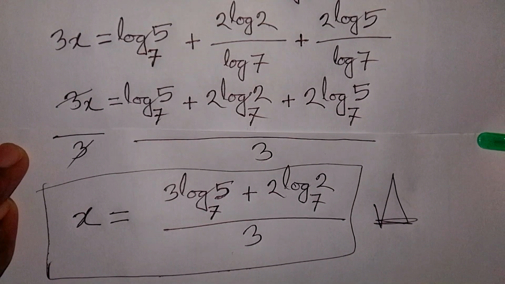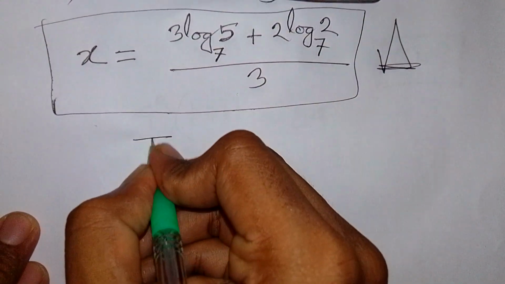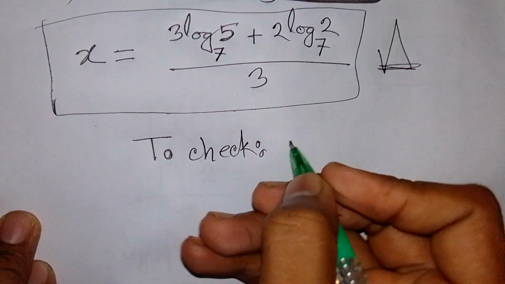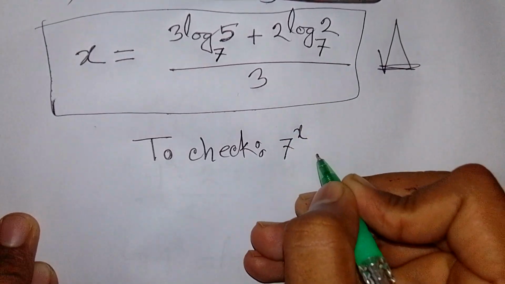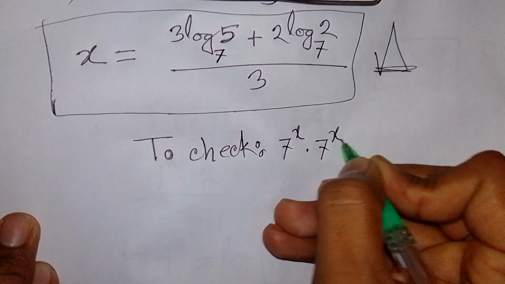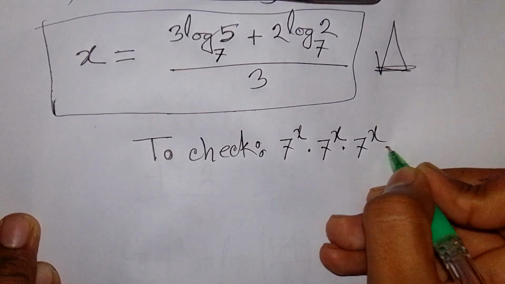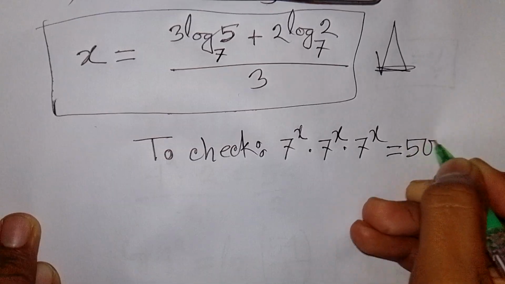Now to check our equation, 7^x times 7^x times 7^x is equal to 500.